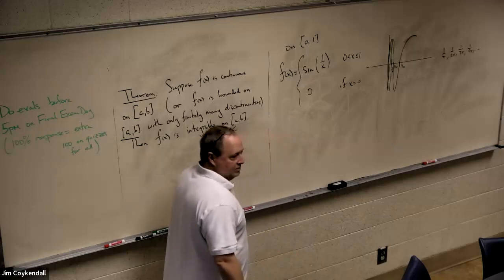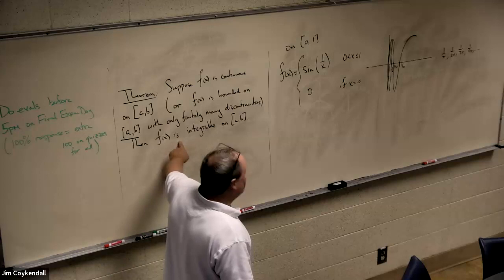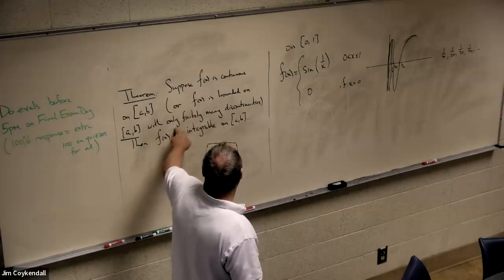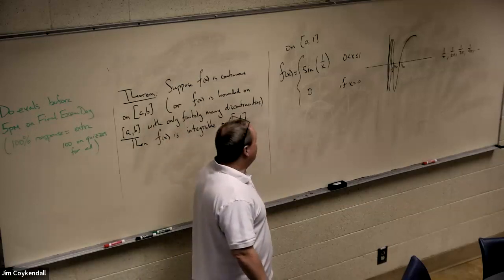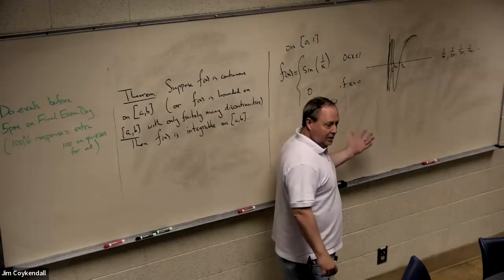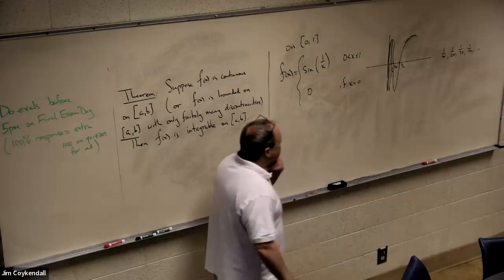This function is wild and bad, but it is bounded, with only finitely many discontinuities. In fact, it's bounded between 1 and -1, and the only discontinuity is at 0. So you can actually integrate this. I don't want to, but you can.